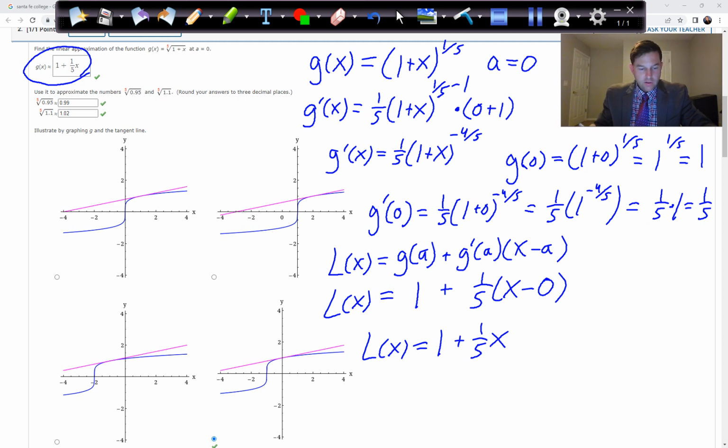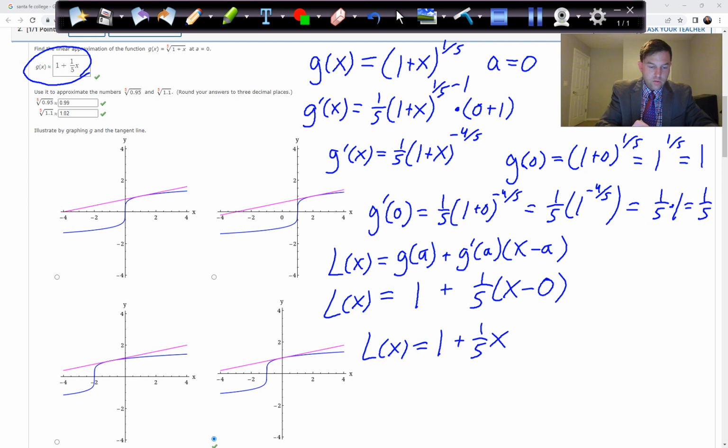Now they want us to use that to calculate what is the fifth root of other numbers? But instead of calculating the fifth root on our calculator, we're just going to plug it into this linear equation. So they want us to calculate 0.95. Well, first off, we have to think about this. The equation was 1 plus x.